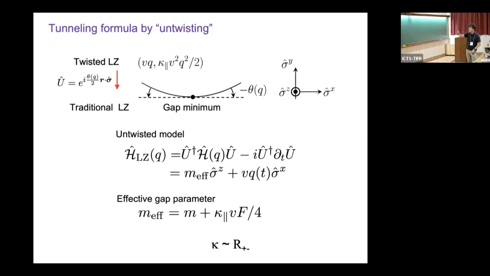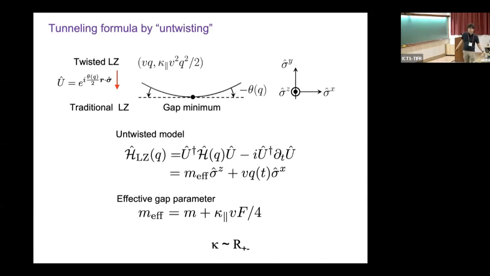Initially you have this twist, but you can untwist it with a unitary transformation. And by doing this, you basically just make the gap larger or smaller, which is given by this quadratic term kappa. Yeah, thank you very much. Okay, thanks.